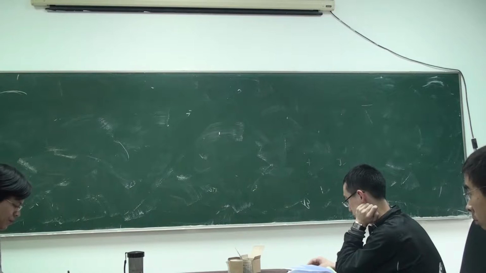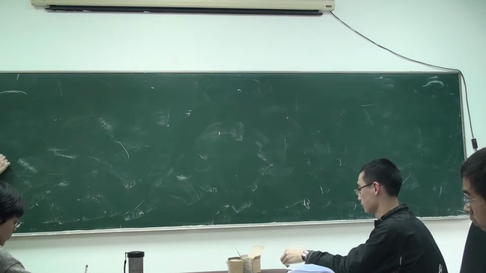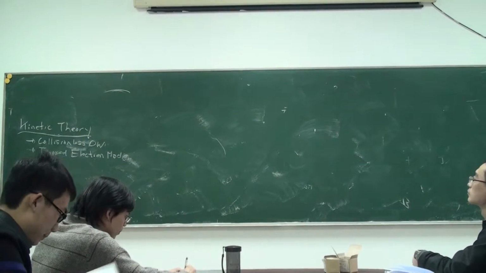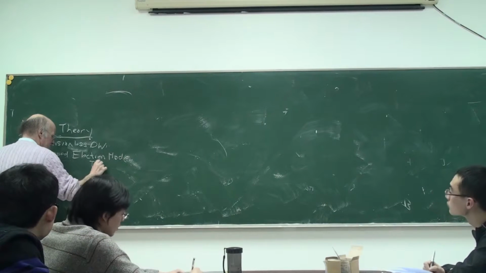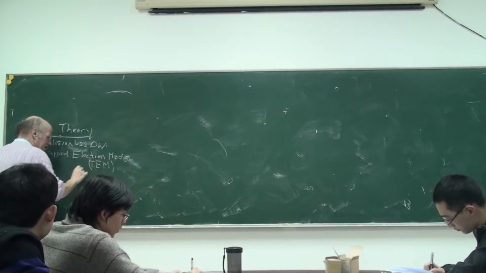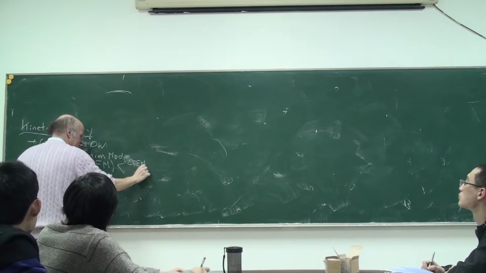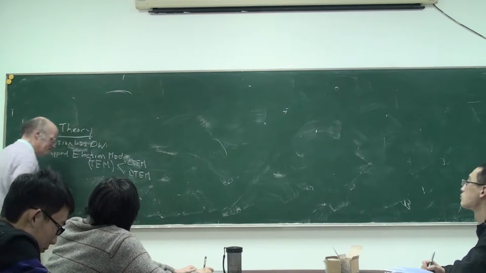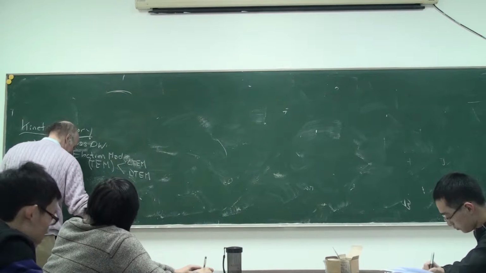But if you understand the collisionless drift wave, the trapped electron mode is easy. So the collisionless drift wave is less technical, more conceptual. You'll see papers on the trapped electron mode called TEM. It comes in two species, the collisionless trapped electron mode and the dissipative trapped electron mode. So you'll see that kind of abbreviation. So let's talk about the collisionless drift wave.